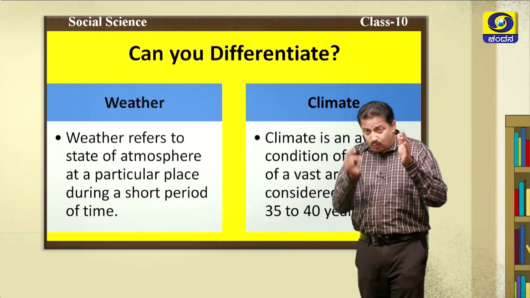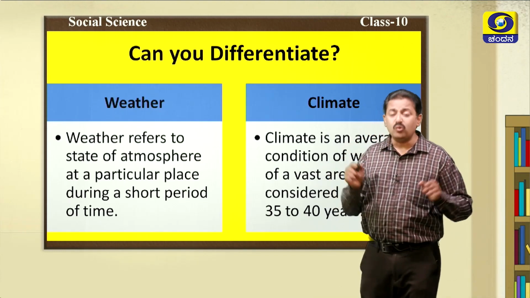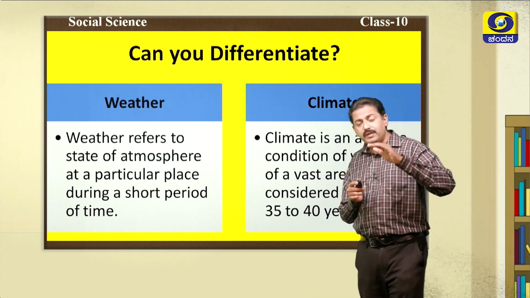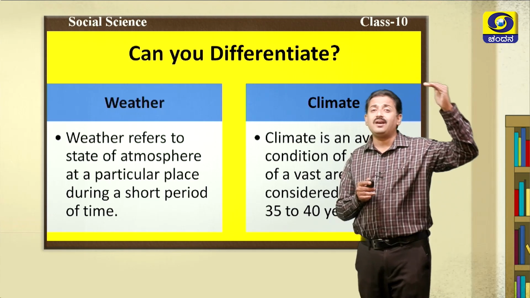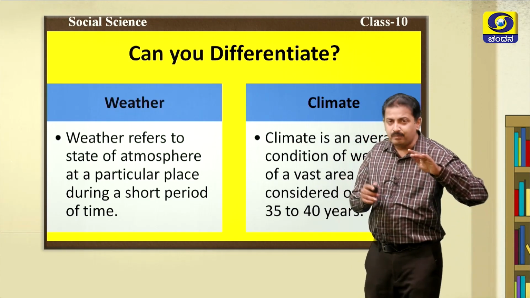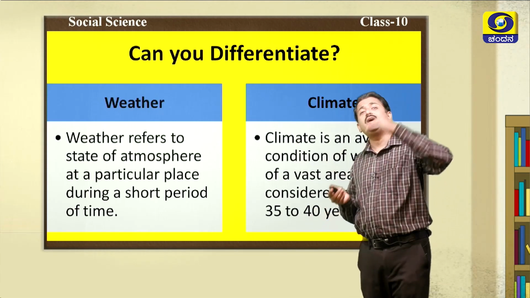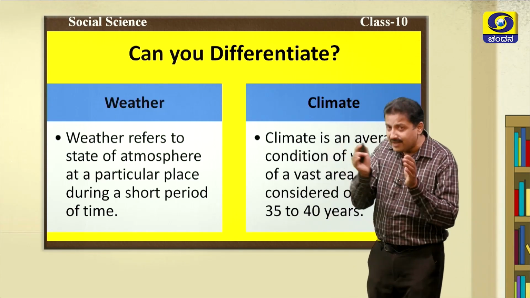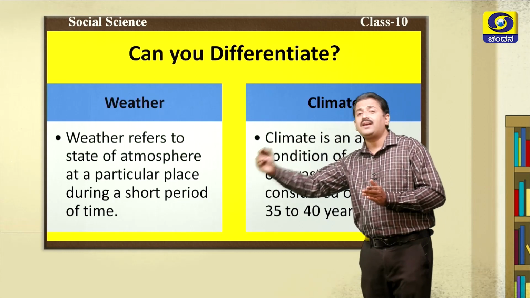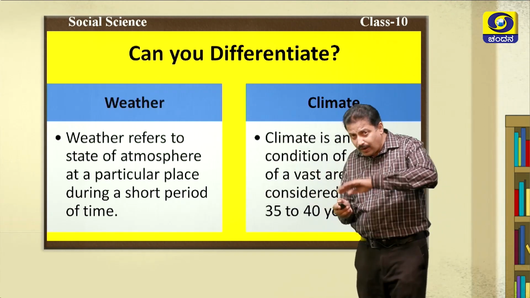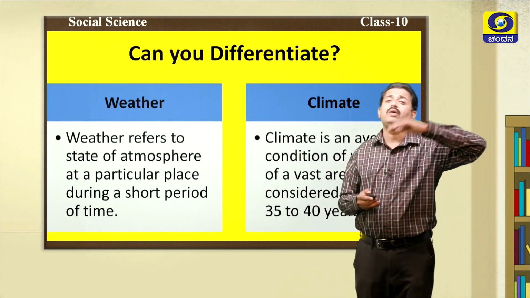That means in one day, just in your school atmosphere, there will be cold temperature in the early morning, warm temperature during the prayer time, and by afternoon it will be high temperature, and evening again it is warm, and by night again it is cold. That means in one day the temperature is varying.